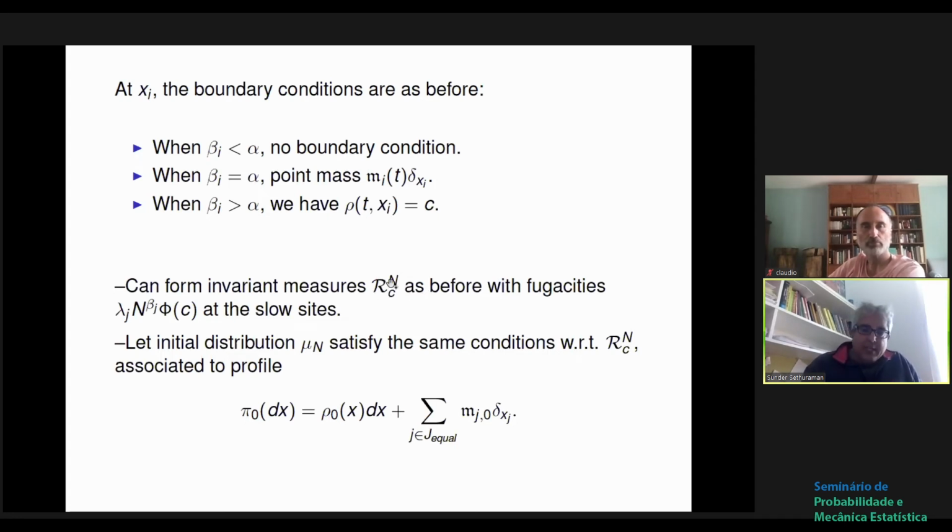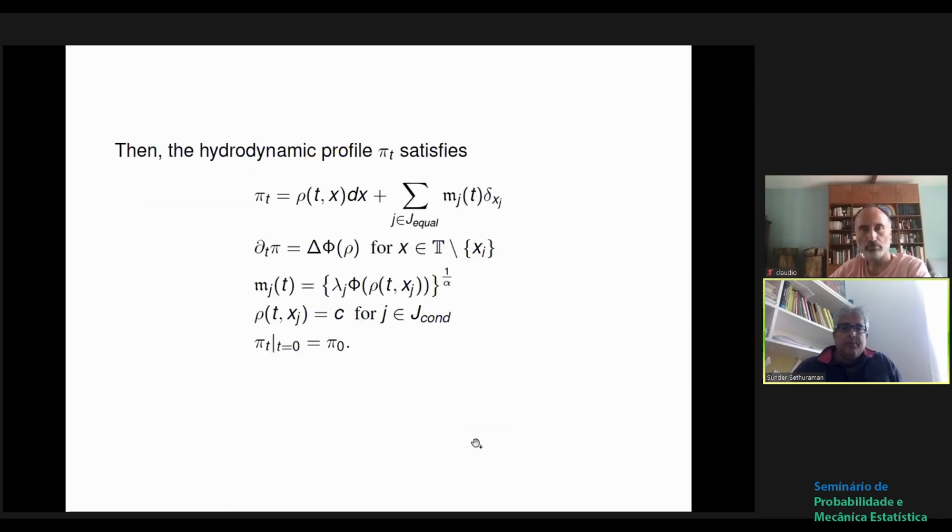The invariant measure will be updated, right? Because we take its product with the usual marginal at the non-slow sites, and at the slow sites we should take this kind of fugacity. So if you take mu n with relative entropy order n with respect to one of these, and let's say it also initially is associated with this kind of profile, in the bulk you have rho naught, and at the critical slow sites you have maybe some initial atoms.